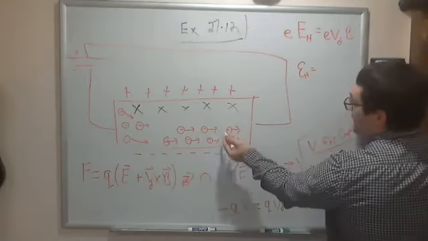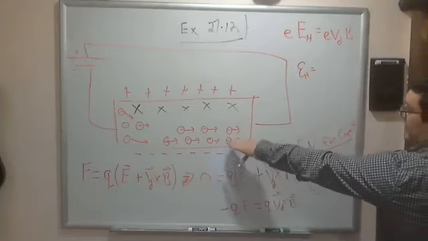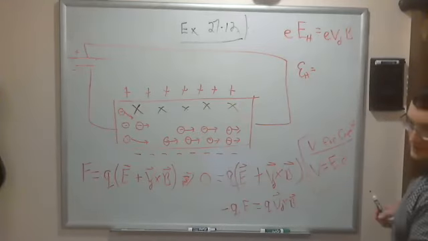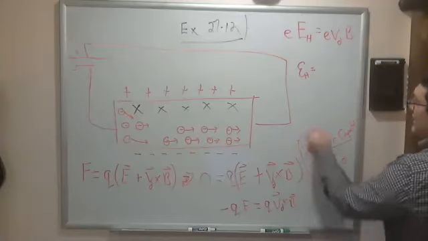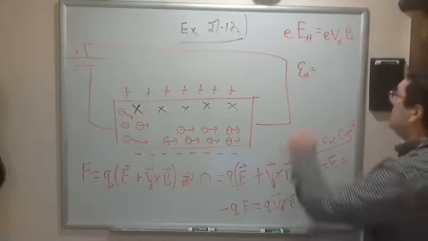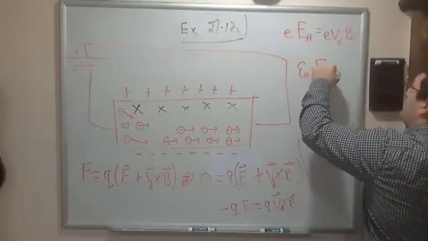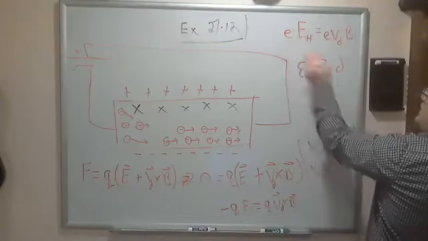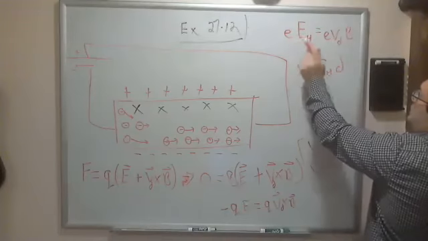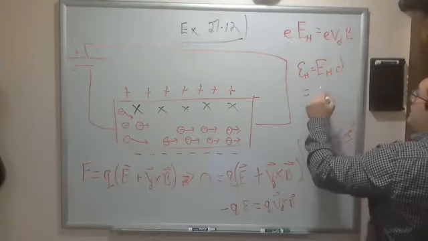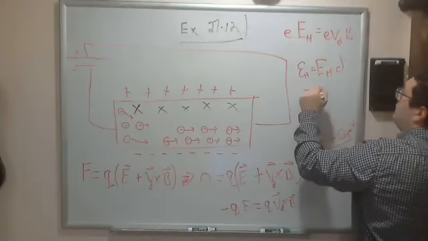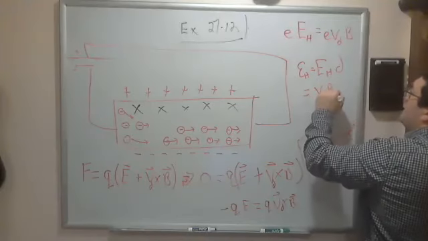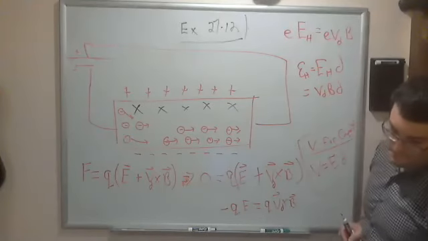It's just the electric field, it's uniform inside of here, times the distance between them, right? So then this just becomes E times d. And then using this equation, the charge cancels out, and we're just left with the velocity times B times d, right?